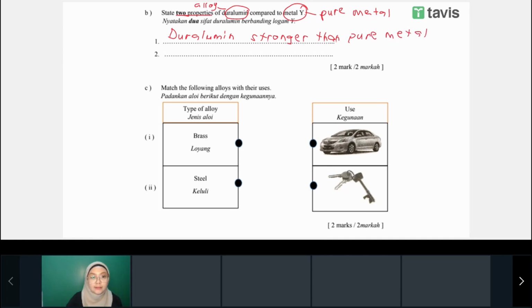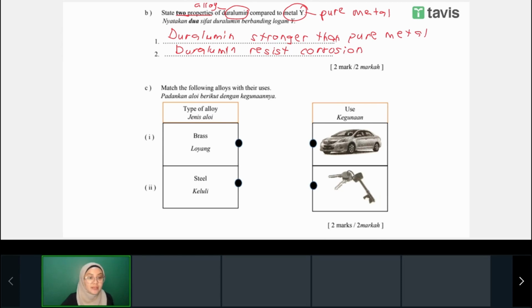Okay, next, the next property of an alloy, duralumin: you can write about corrosion. Resists corrosion compared to pure metal.